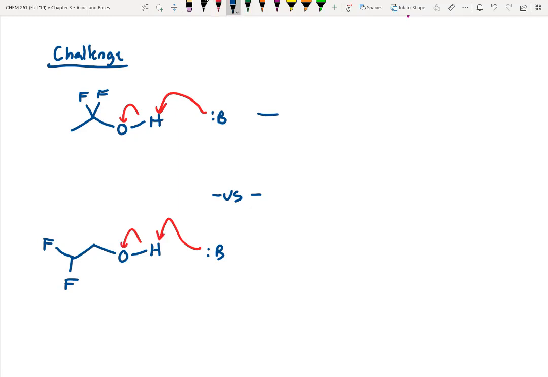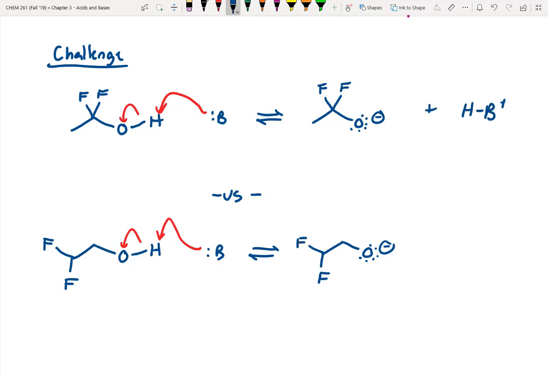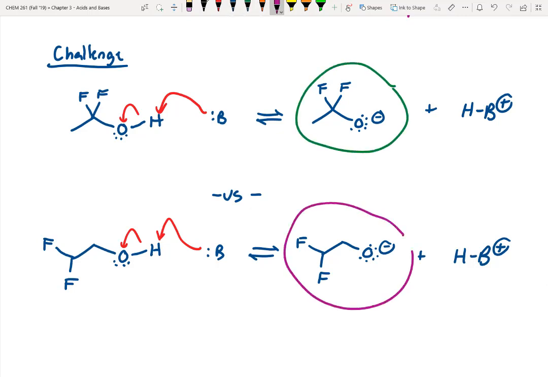I'm just doing it for clarity. All right, so my question for you is, let's compare the, again, green and purple conjugate bases. Which one's more stable, or are they equally stable?